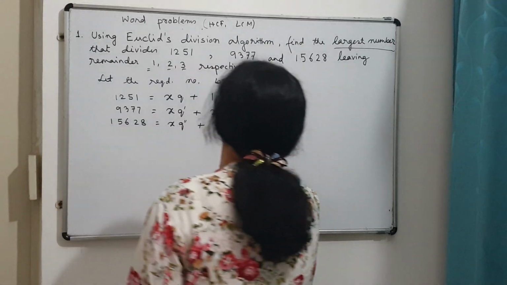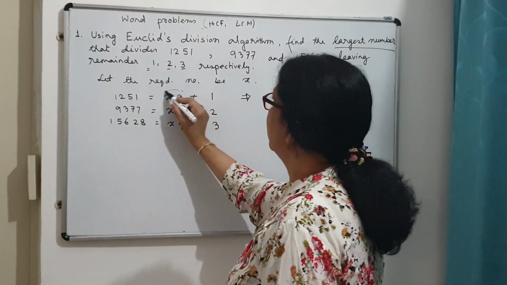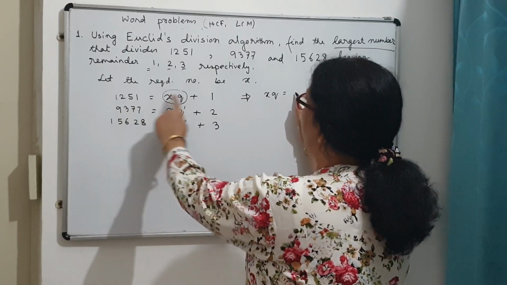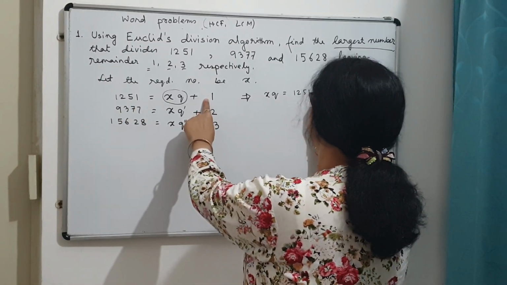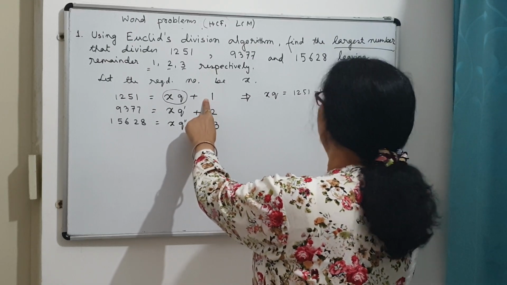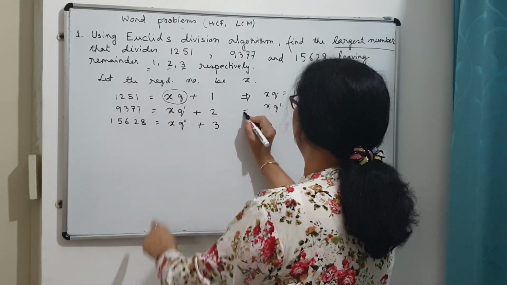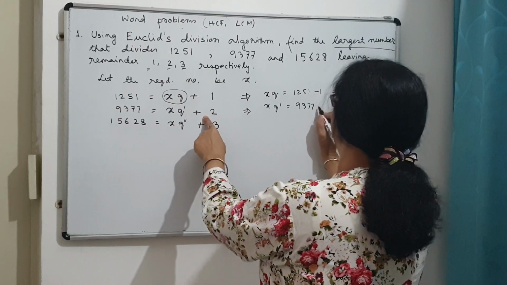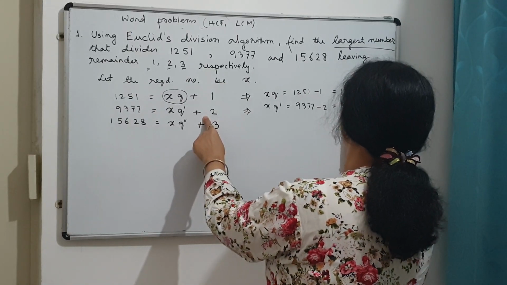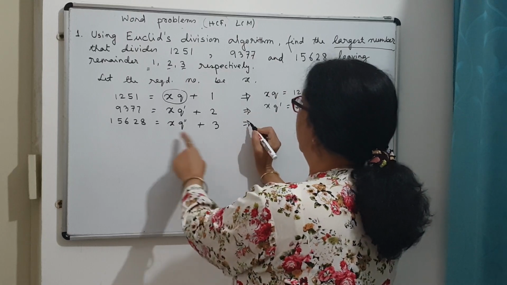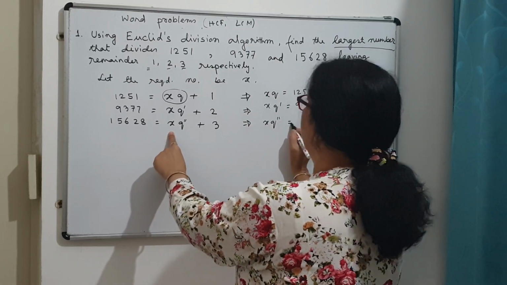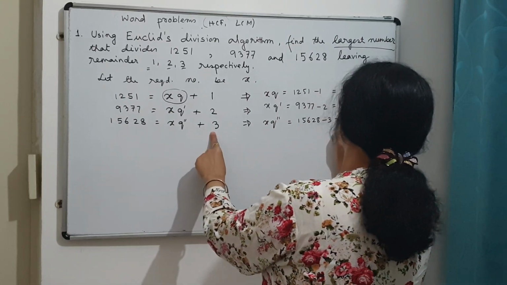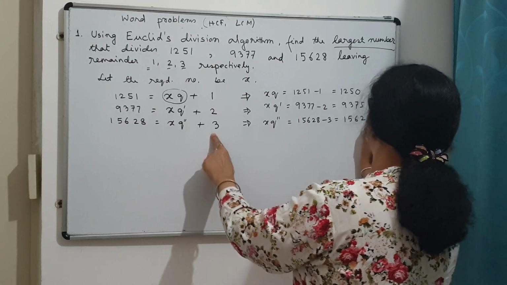So that means x will divide this minus this. x divides 1251 minus 1, that is 1250, and x divides 9377 minus 2, so 9375, and x divides 15628 minus 3, that is 15625.